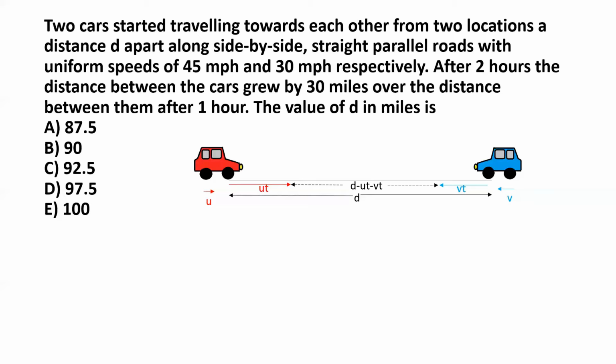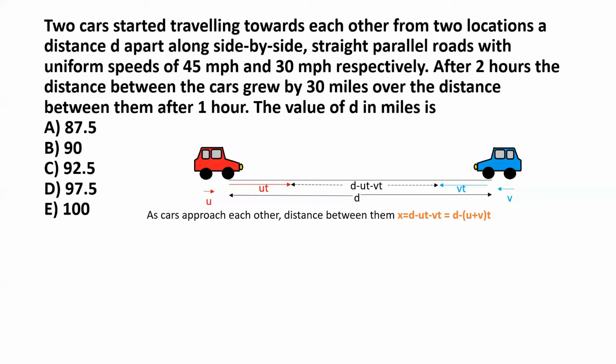As they approach each other, we can write the distance between them, x, as d minus ut minus vt, and if we take t common, we are left with d minus (u plus v) multiplied by t. Now this makes sense from a generic perspective.